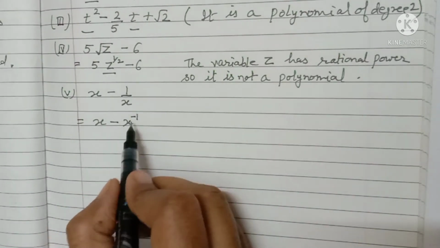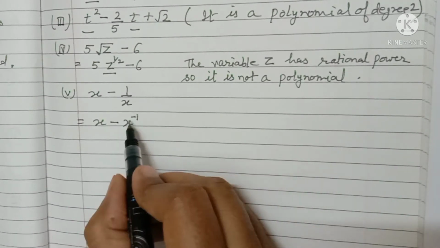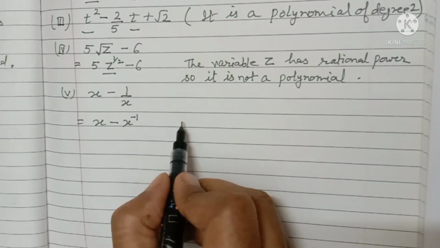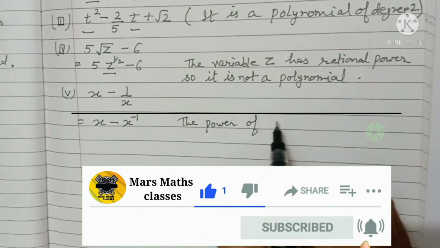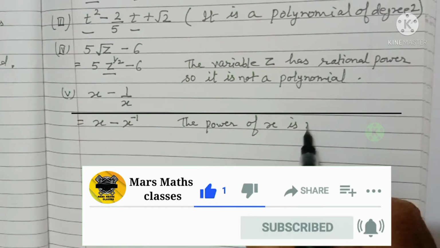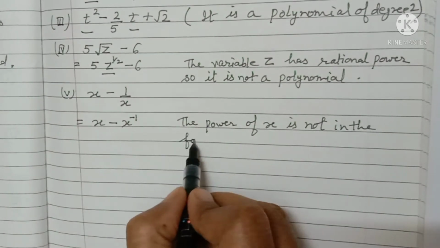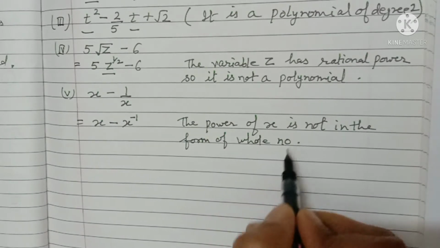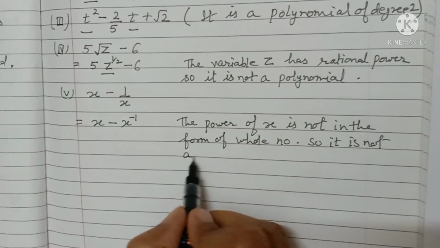Now see, the power of x is not in the form of a whole number. So the power of the variable x is not a whole number, and it is not a polynomial.